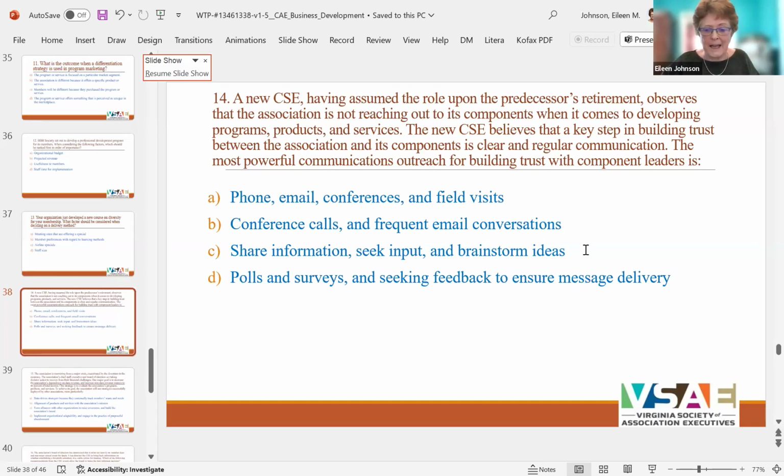And I think that is the answer because you're trying to, quote, build trust with component leaders. And it seems like they've been ignored. So you're trying to develop a relationship that hasn't previously existed under the past CSE. So seeking their input and inviting them to brainstorm ideas with you for how to improve the relationship would be a better way to. Okay.